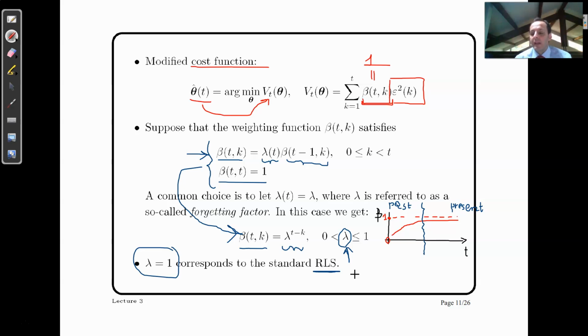With no forgetting, of course, because beta is 1, it means that beta is not entering into the cost function. So you obtain the same solution of the classical recursive least square.